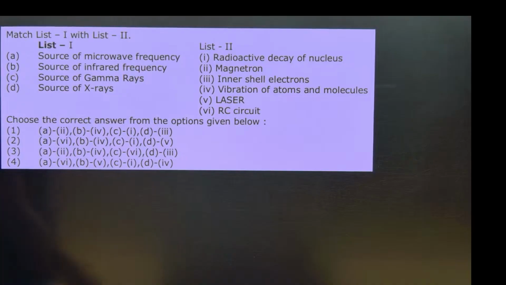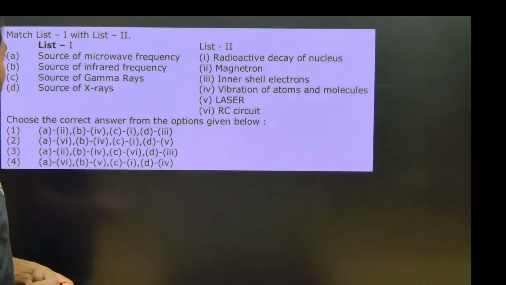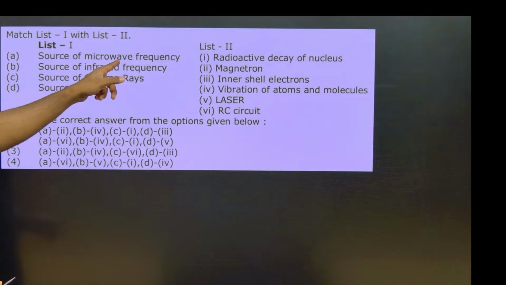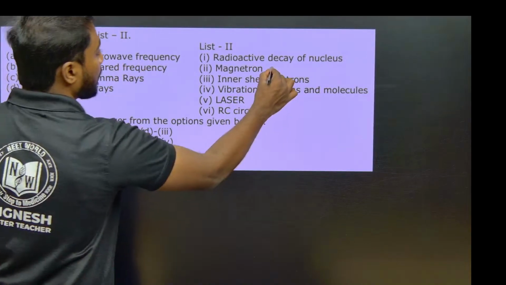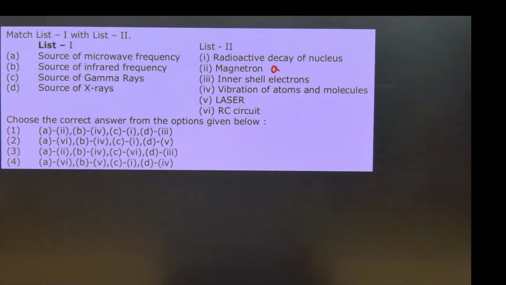First, source of a microwave frequency: which can I match from list 2? Radioactive decay, no. Magnetrons, yes. So A is magnetron. What about B, source of infrared frequency?